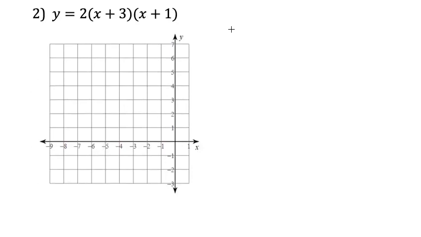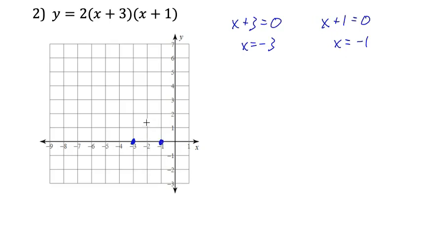In the second equation here, we can use x plus 3 to help us find one of the x-intercepts. So one of the x-intercepts is at -3. And we use x plus 1 to find the other x-intercept. So the other one is at -1.